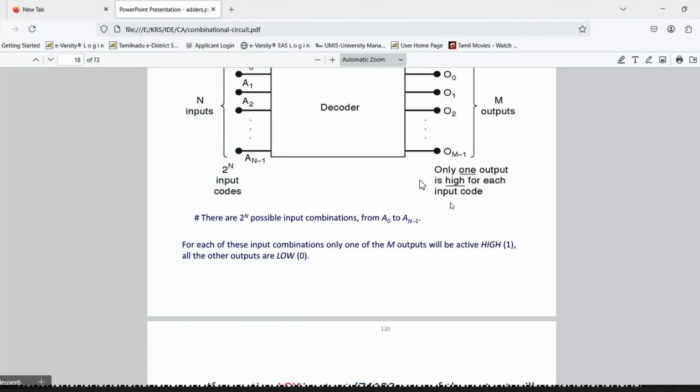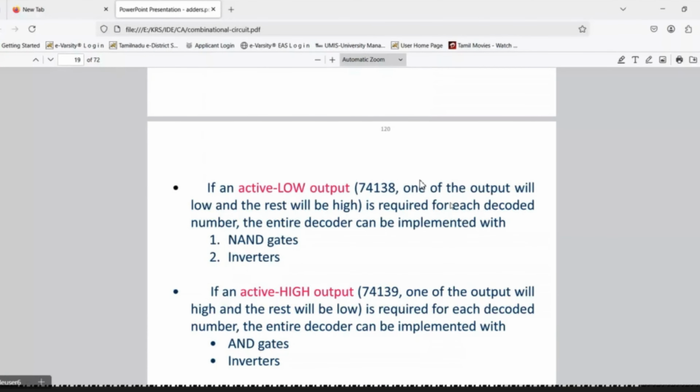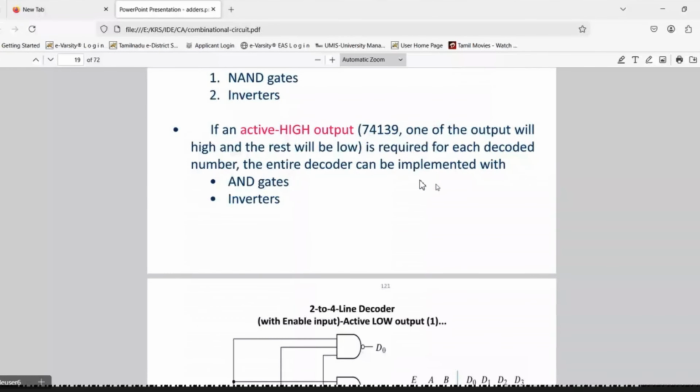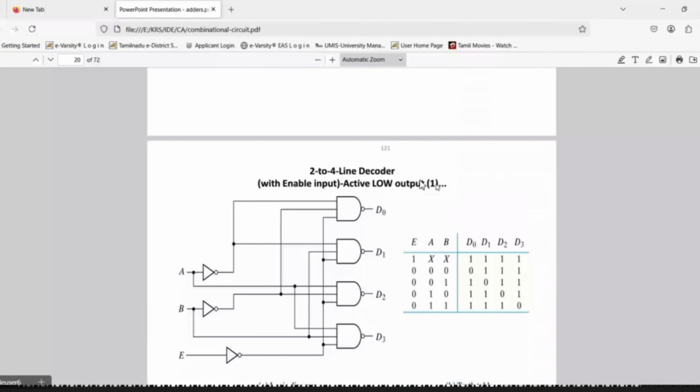If an active low output is required for each decoded number, the entire decoder can be implemented with NAND gates and inverters. So most decoders use AND gates.